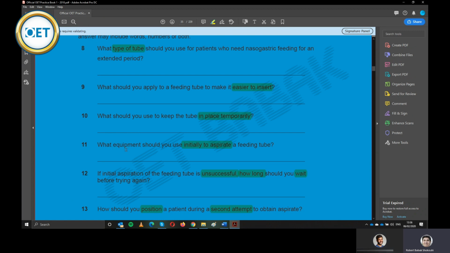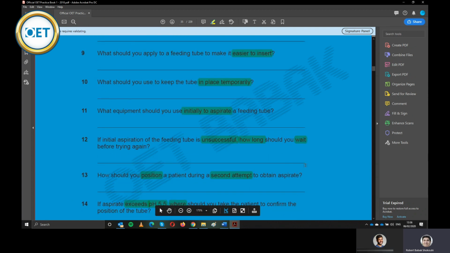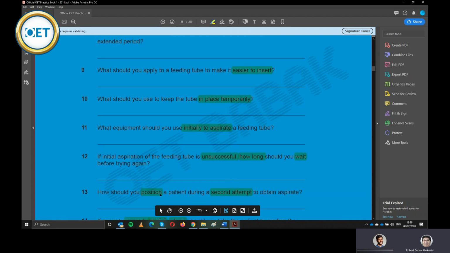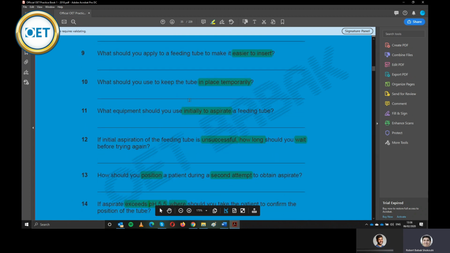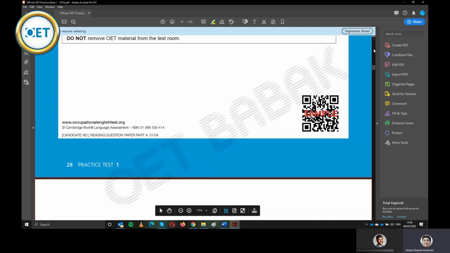Then initially aspirate, unsuccessful, how long to wait, the position in the second attempt, and pH exceeds 5.5. These are all probably in the next part, that is part C.